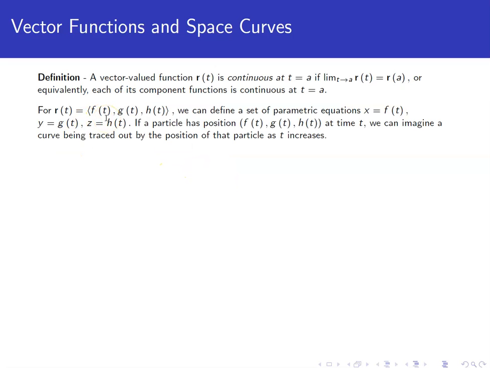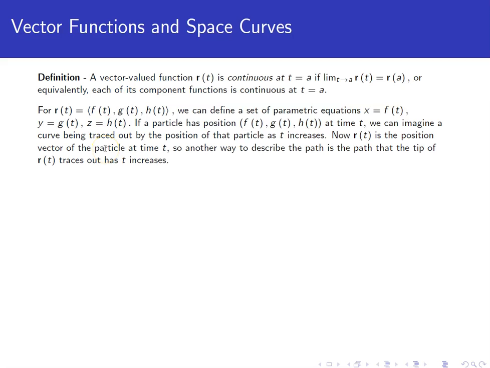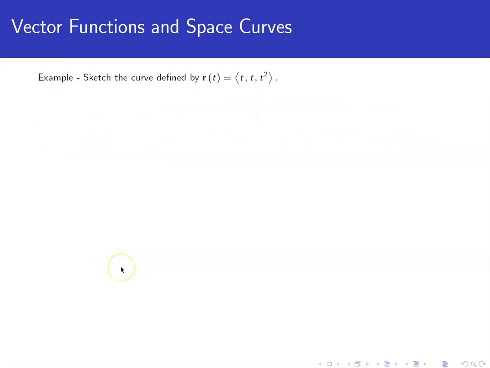If we have a particle that has that position at time t, then we can imagine the curve being traced out by the position of that particle as t increases. Or if we think about that point as being the tip of the position vector of the particle at time t, then another way we can describe that path is just by tracing the tip of the vector out as t increases. So let's do a specific example to see if we can illustrate this point.